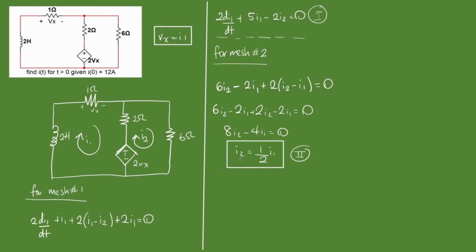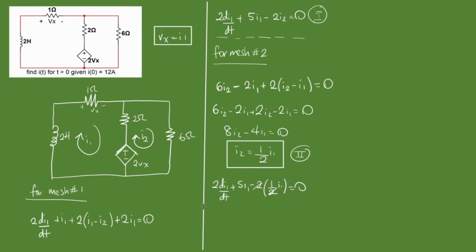All right, so let's do that. Substituting that in, 2 di1/dt plus 5I1 minus 2 times 1/2 I1 is equal to 0.